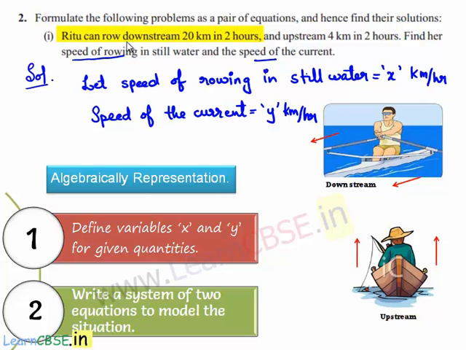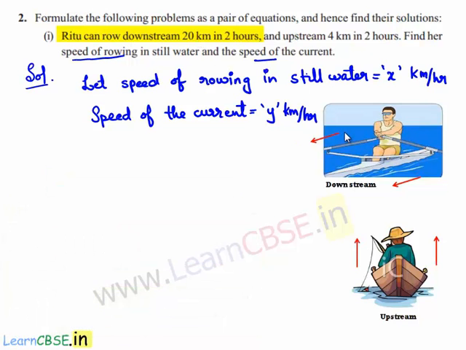Now, Ritu takes 2 hours for downstream of 20 kilometers. Downstream is nothing but both the direction of Ritu and the direction of the current are the same.